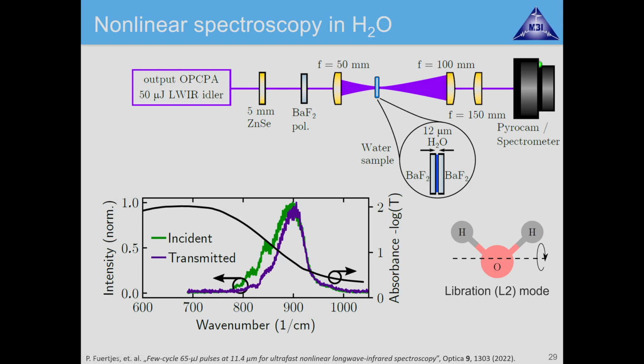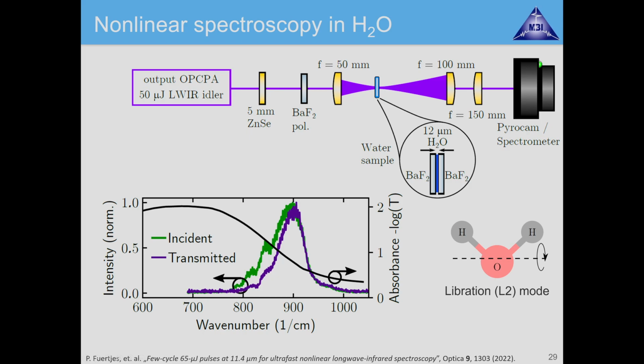If you ask what we want to see with that, there's a librational L2 mode, a hindered rotation of water, which is roughly at 660 inverse centimeters, so 14 micrometers roughly in wavelength. And you see the green is the input spectrum from the OPCPA. I just want to emphasize that this is normalized, so the purple one is of course very much smaller.